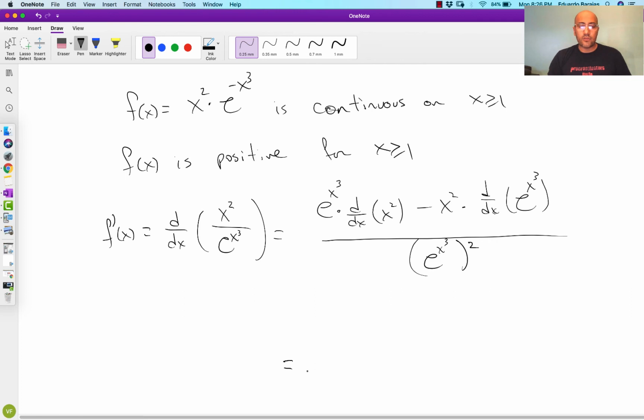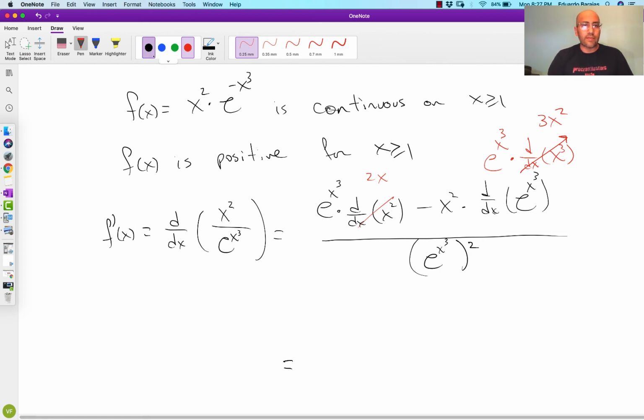That means that the derivative of this guy, that's easy, that's just going to be equal to 2x. And the derivative of this thing, okay, so the derivative of e to the power of x cubed, that's just going to be equal to e to the x cubed times the derivative of the exponent, right, the chain rule, d dx of x cubed, and then that in itself equals 3x squared.